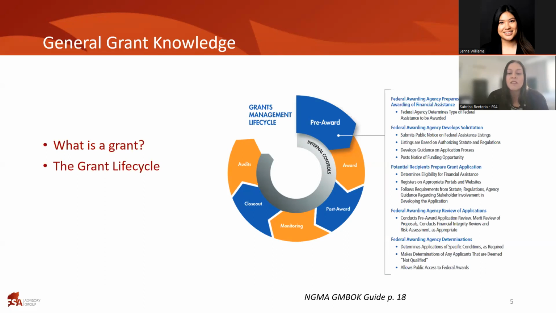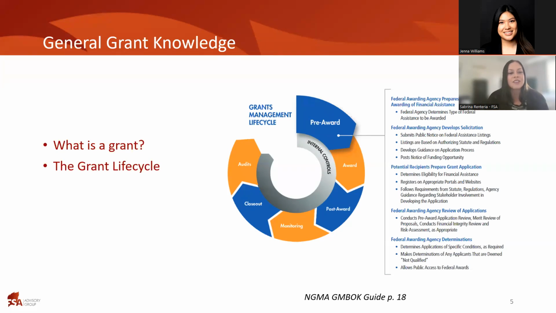A grant's one of many forms of federal financial assistance, and we utilize this term federal financial assistance as a broad term and really just to refer to various ways that the U.S. government redistributes resources to its eligible recipients. So for purposes of our clients here, eligible recipients would be tribal governments or tribal organizations.